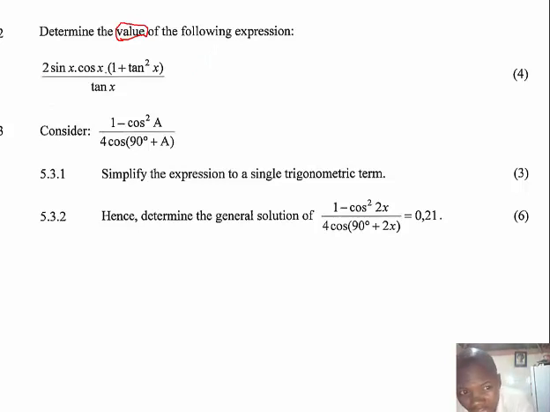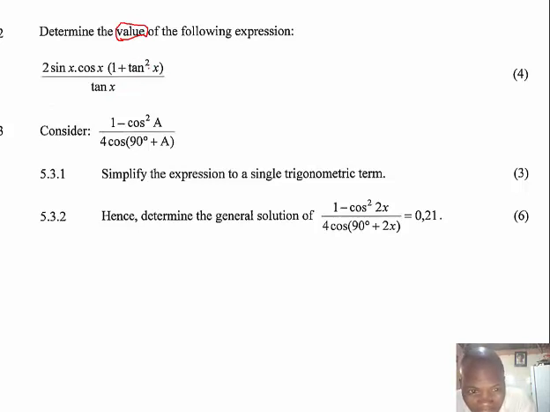Before we delve into the question, let's just go through it and formulate a point of departure. So you have your 2 sine x by cos x, and then you will have your 1 plus tan squared x, all this over tan x.